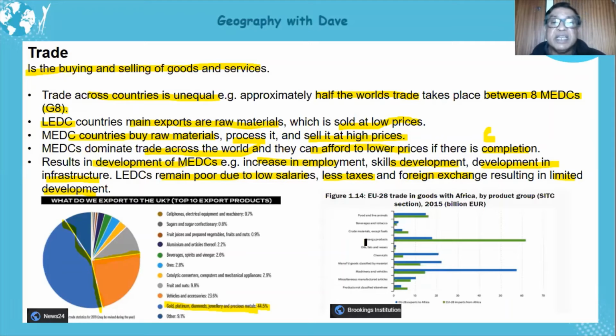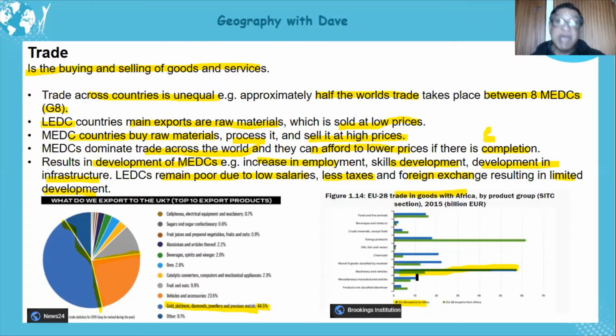Look at this, learners. I want to focus on this. You can see trade with Africa, Europe's trade. And of course, Europe is the blue. And you look at manufactured machinery and vehicles. Look at the blue compared to the green. It's a massive difference. Can you see it? They sell us manufactured goods, more than us.